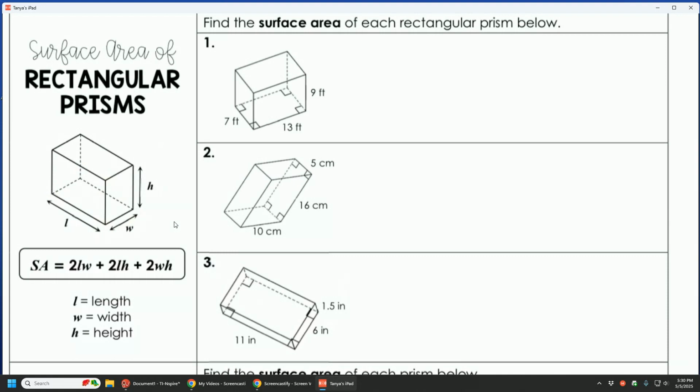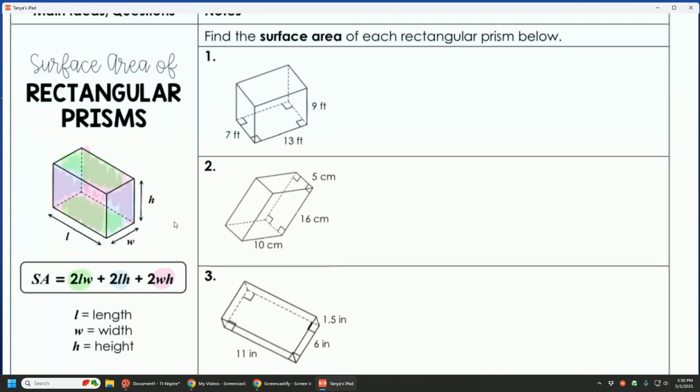If you go through the formula, that's exactly what's happening. 2LW refers to the top and bottom of that box. 2LH refers to the left side and the right side of that box. And last, 2WH is the front and the back. If you do that formula, it finds all 6 of those sides for you.